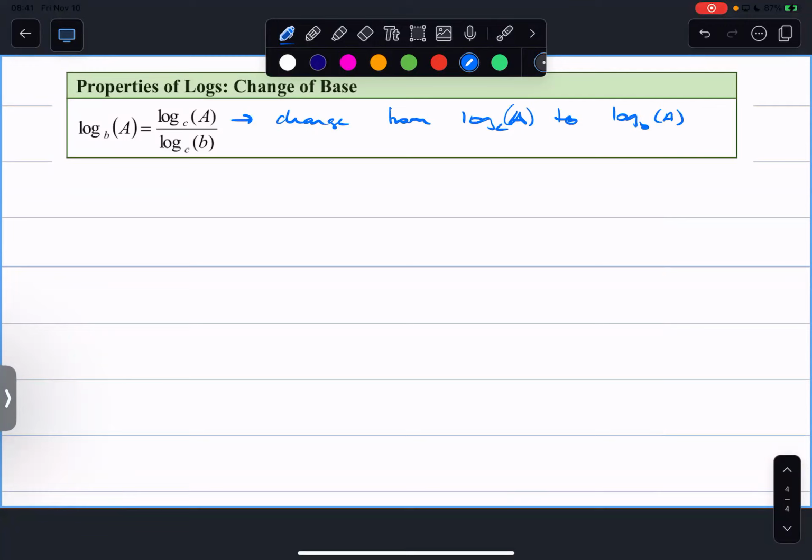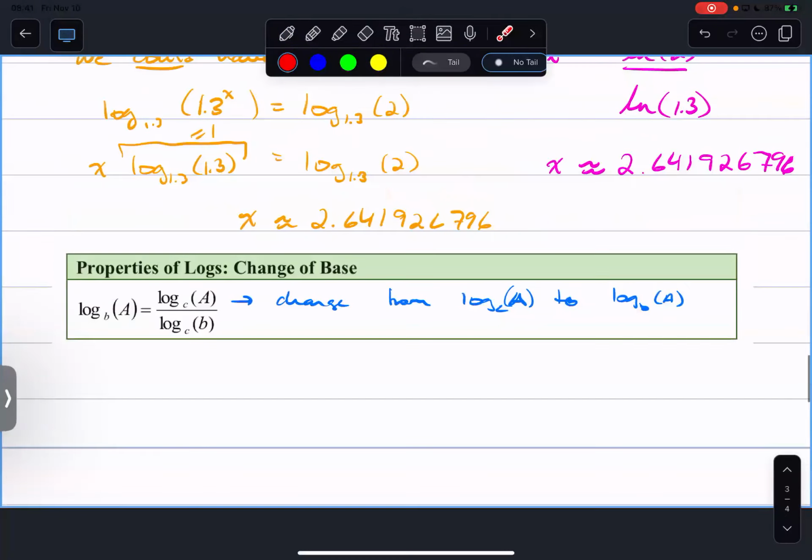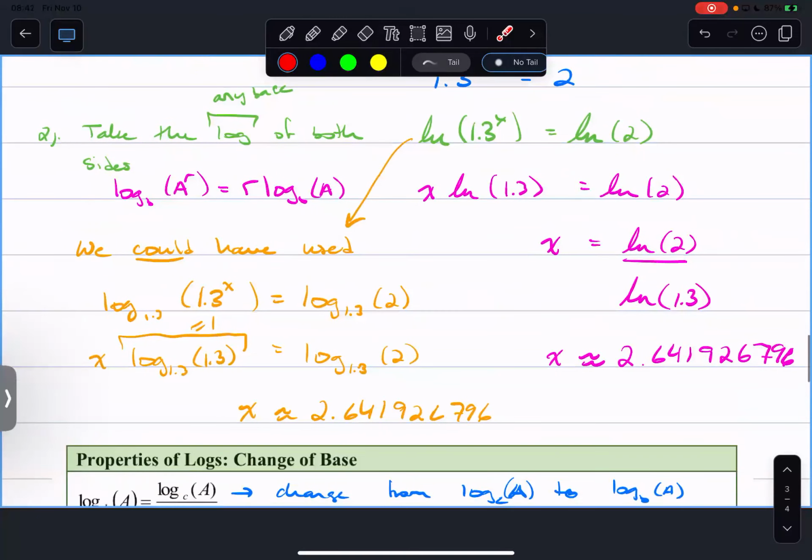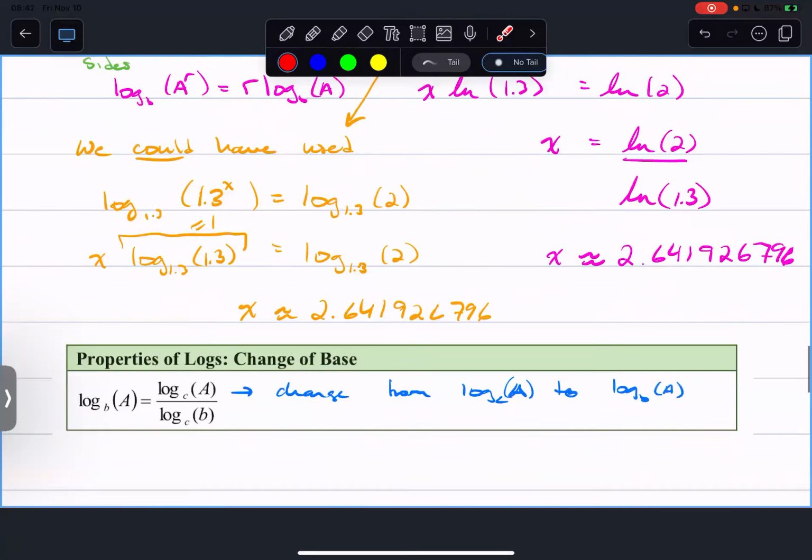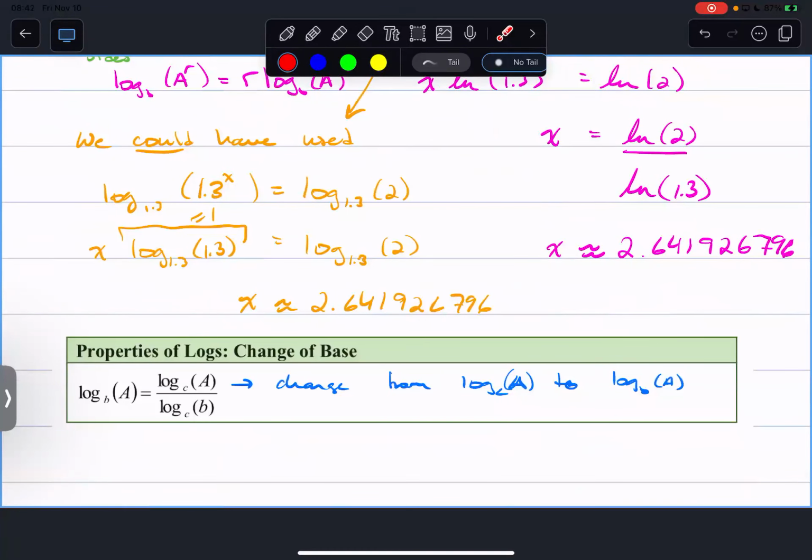So to change from log base e of 2, that's what we had here. Let's go from log base 1.3 of 2.